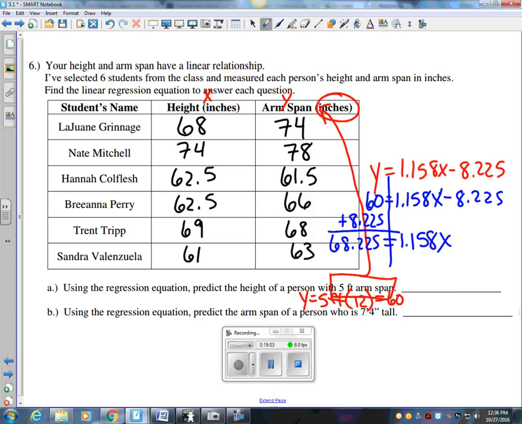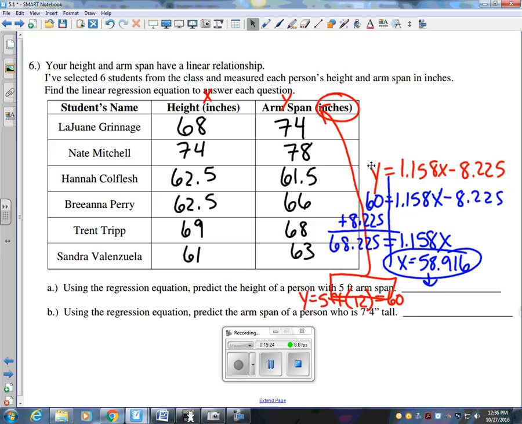So 68.225 divided by 1.158. And you get x equals 58.916. So that is your answer for the first one.